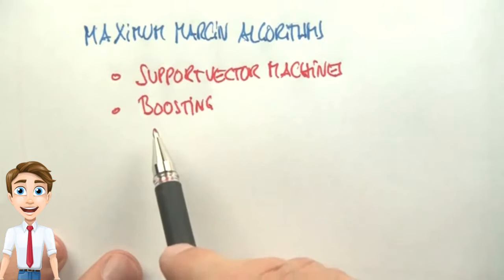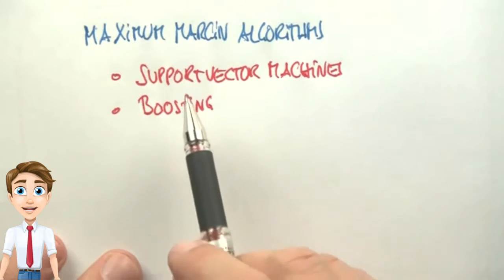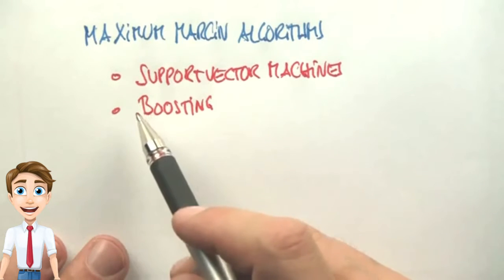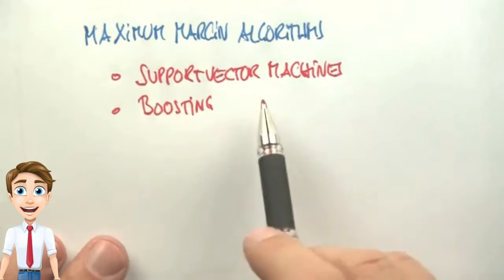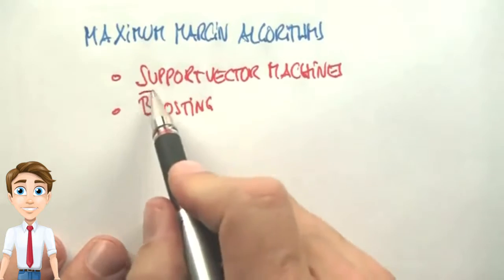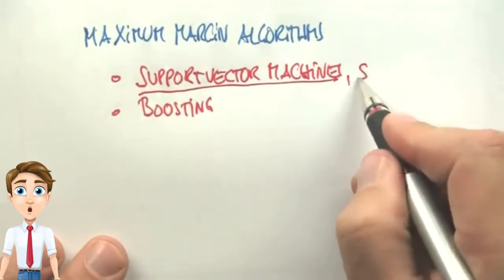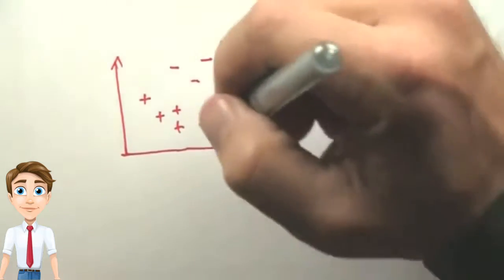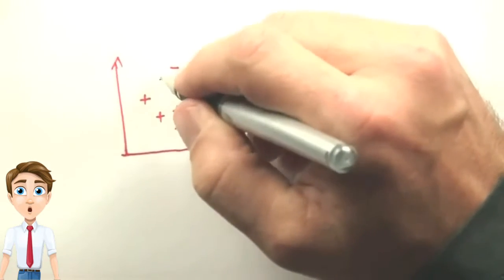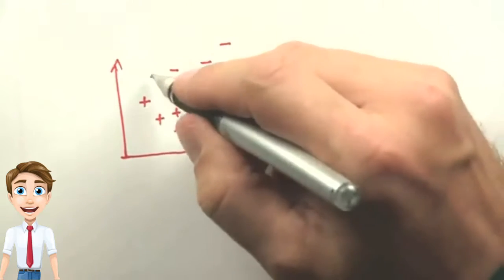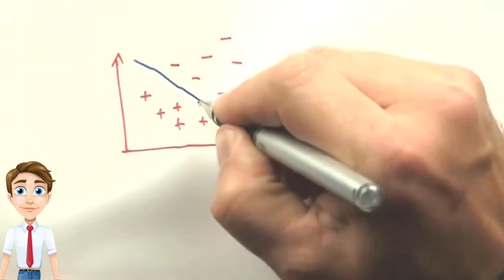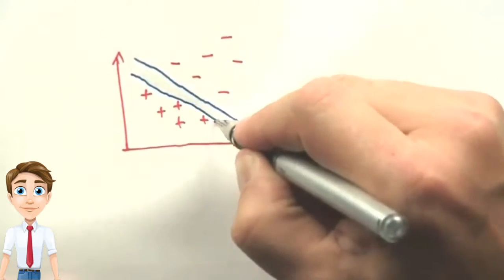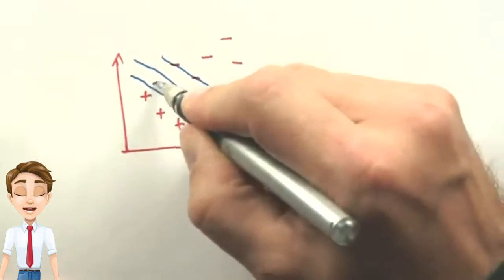I will not go into any details because it would go way beyond the scope of this Introduction to Artificial Intelligence class. But I'd like to say a few abstract words specifically about support vector machines, or SVMs. As I said before, a support vector machine derives a linear separator and picks the one that actually maximizes the margin, as shown over here.